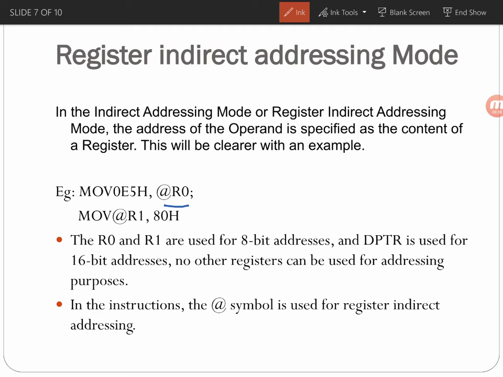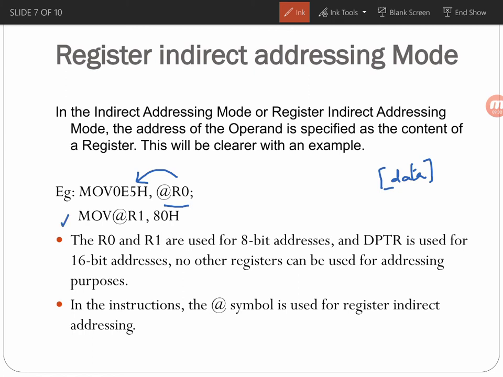So MOV 0EH, @R0. So what does this mean? The data pointed to by the R0 register will be moved to memory location E5.